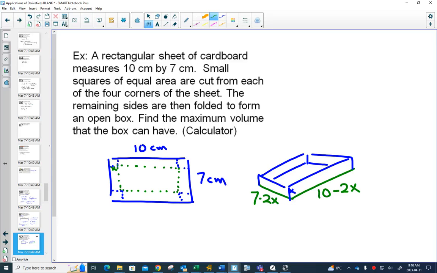So we could have a volume of this by multiplying length times width times height.